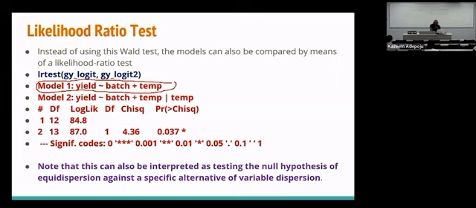In model one, I'm looking at the effect of batch and temperature on the yield. But in model two, I incorporate temperature to adjust, which means I believe there's a problem with equal dispersion.